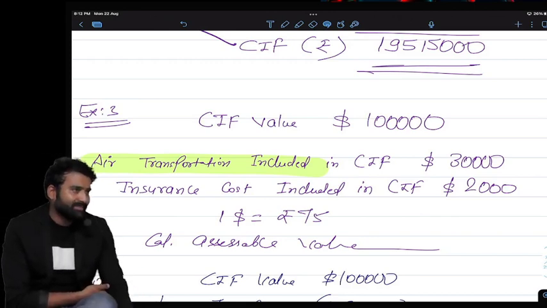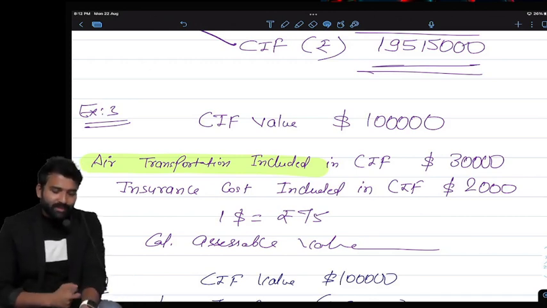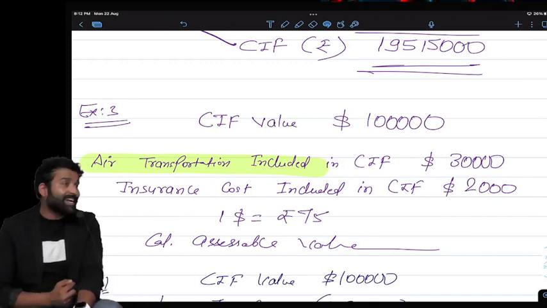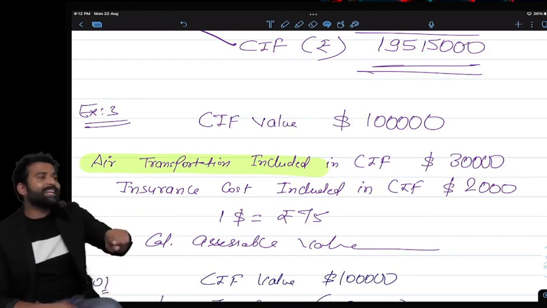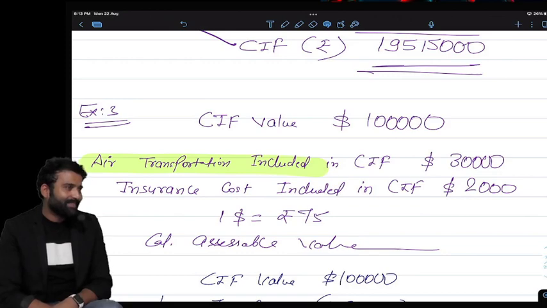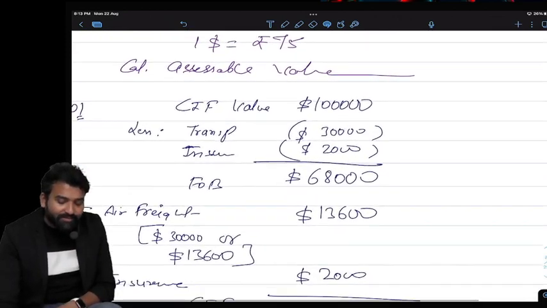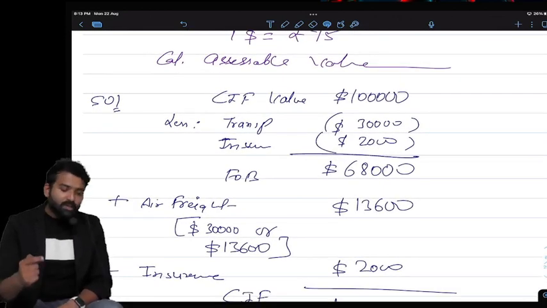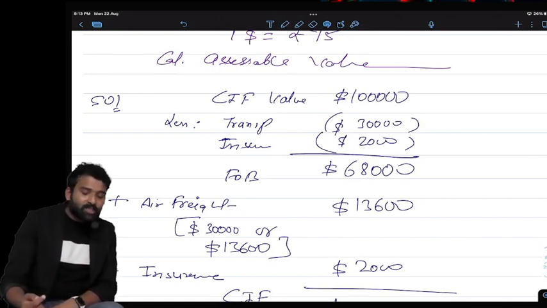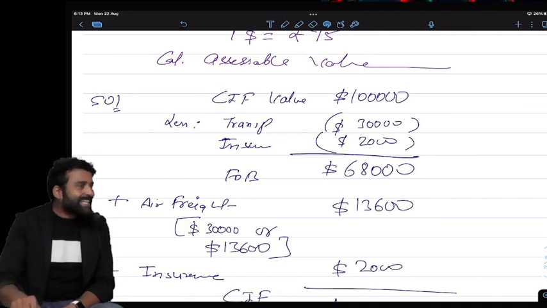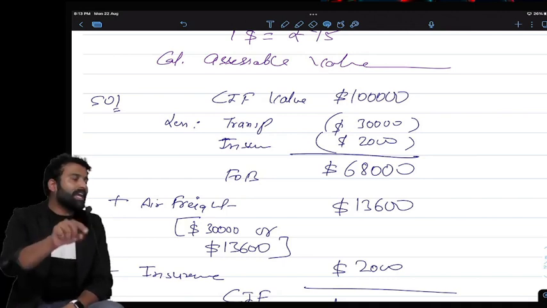Actually, air transportation is $30,000, so the problem is, we have to check. Maybe the air transportation included is more than 20% of adjusted FOB. So what we will do is, we will first deduct the actual cost. So now my adjusted FOB is $68,000, and on $68,000, I will restrict my transportation cost to only 20%.